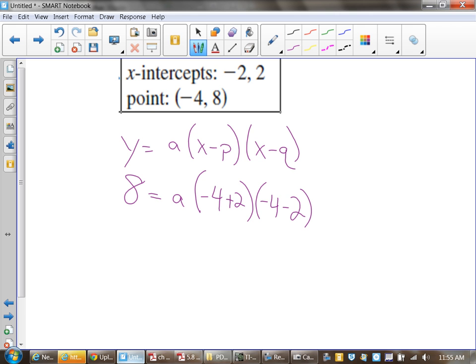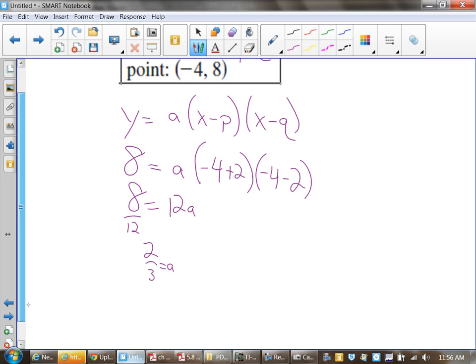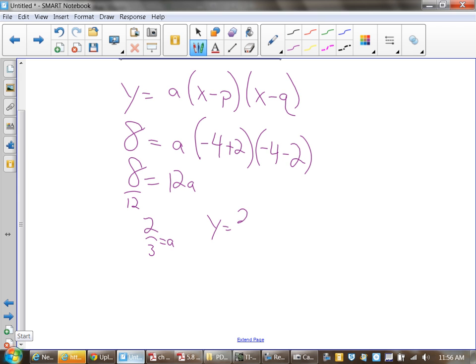Does that make sense? So you wind up with negative 2 times negative 6, you get 12. So 8 is 12a. So you get 2/3 is your a value. So your final answer would have been y equals 2/3 times x plus 2, times x minus 2.